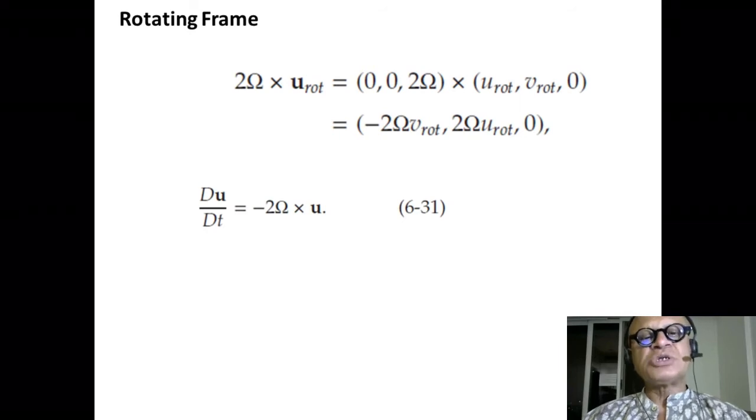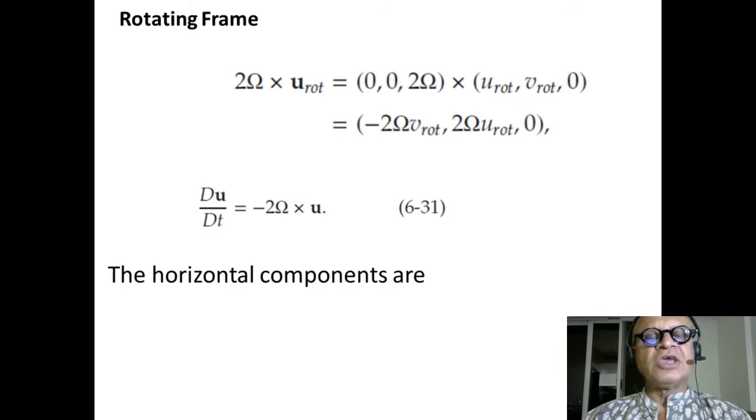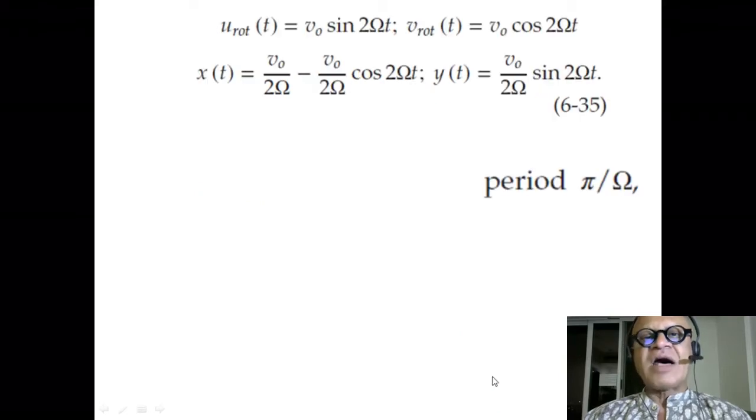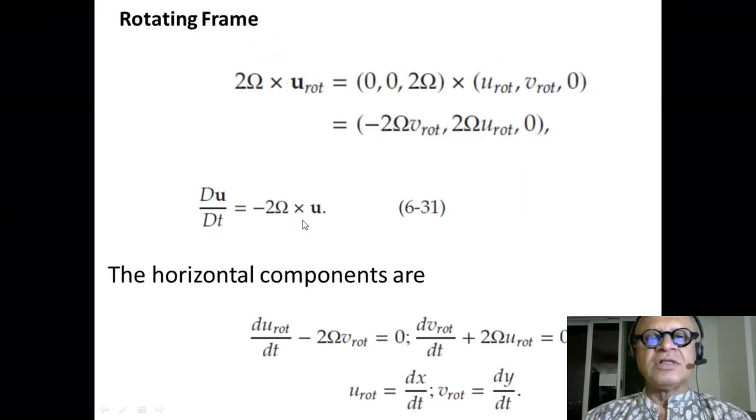So the inertial circles basically come out of the situation where the only forcing is Coriolis. How do we create it? We will see in a minute. You can go through these calculations by substituting u rotation as dx/dt, v rotation as dy/dt, and derive the radius of the circle that will be created by a parcel that is having just the Coriolis effect.